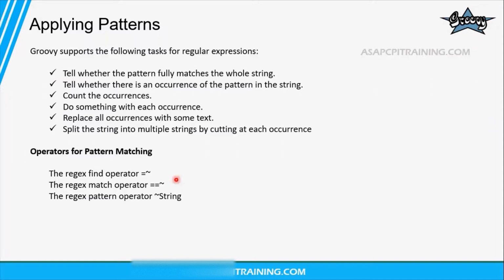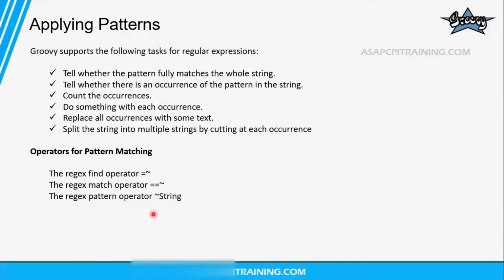In Groovy natively we have 3 different operators available for pattern matching. The first one is the find operator, which is equals to and tilde. Then we have the match operator, that is double equals to and tilde.